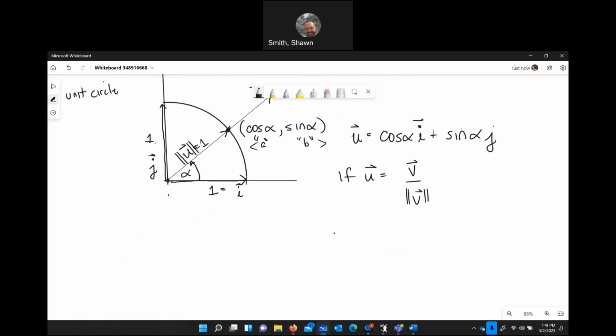If I cross multiply here, I have vector v is equal to the magnitude of vector v times the unit vector.